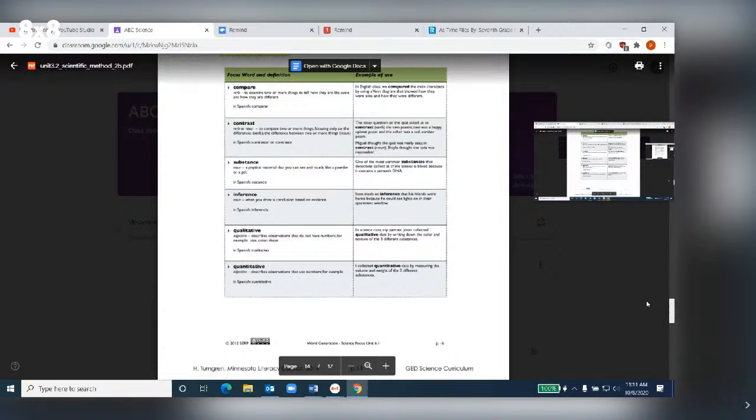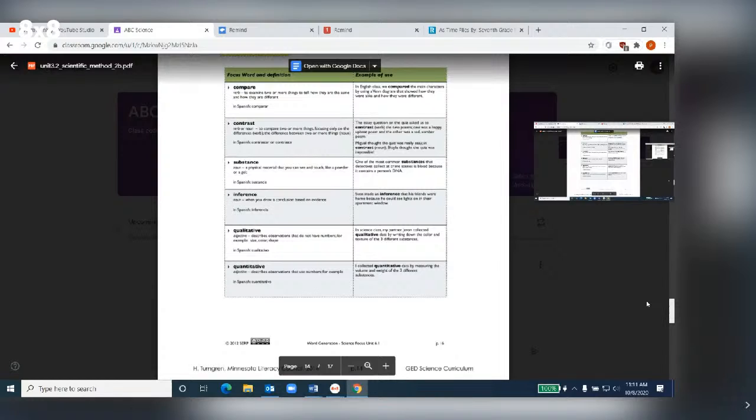They're all going to be a little bit different in texture. Quantitative is observations that use numbers. I collected data by measuring the volume and weight of three different substances. So you could actually weigh the sand, the dirt, and whatever it was, what I say, gravel. I don't think it was gravel, but you get the idea.